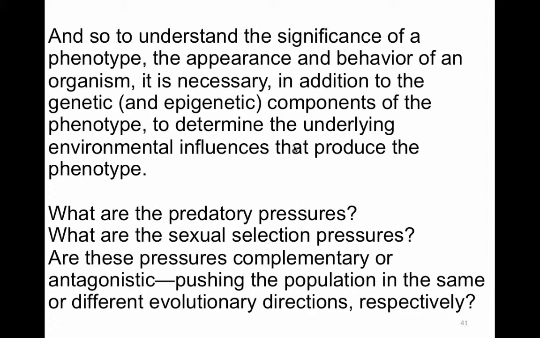And so, to understand the significance of a phenotype, the appearance and behavior of an organism, it is necessary, in addition to genetic components of the phenotype, to determine the underlying environmental influences that produce the phenotype.